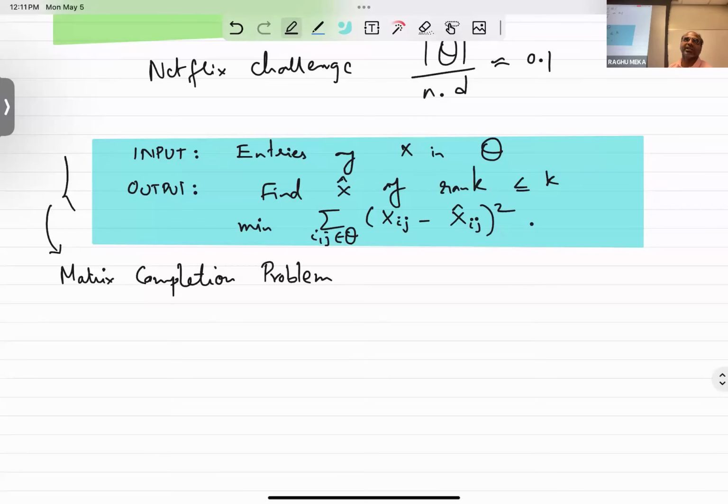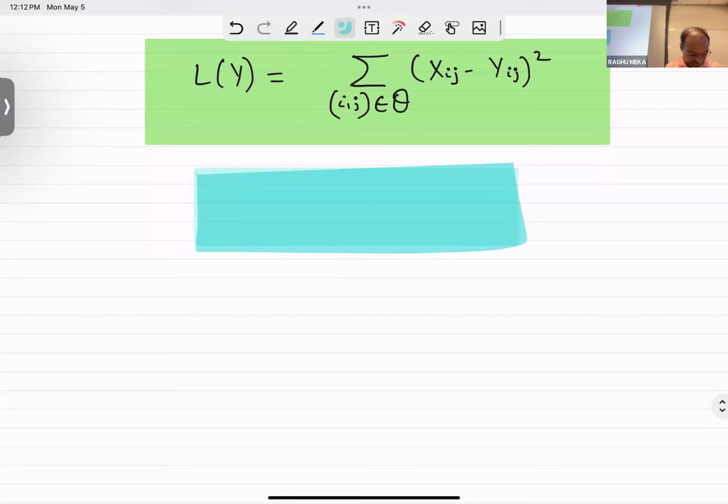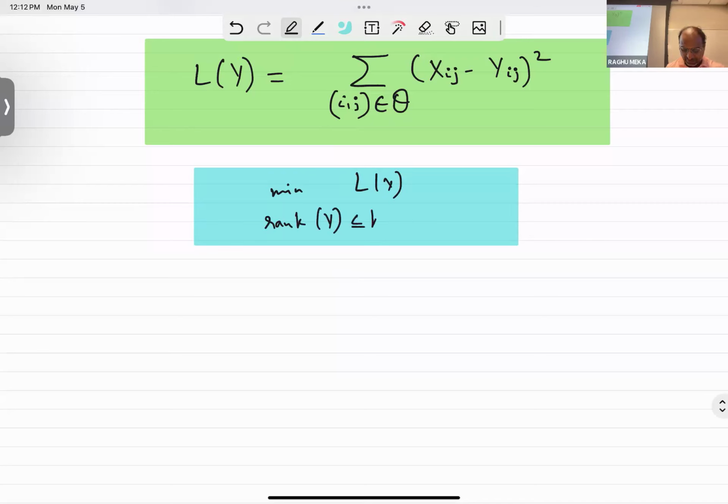Among the known entries, give me a matrix such that its values are as close to the values in the known entries, while this matrix is simple. So our goal now is to minimize this loss function subject to rank of Y less than or equal to k.